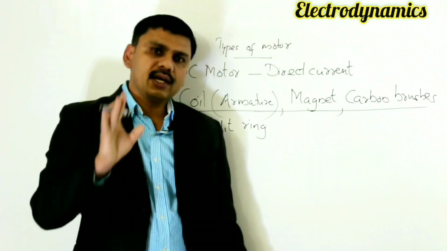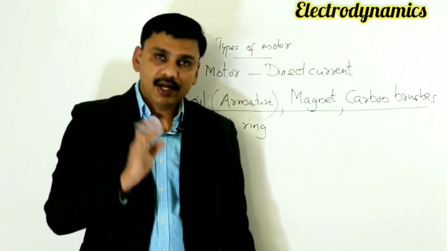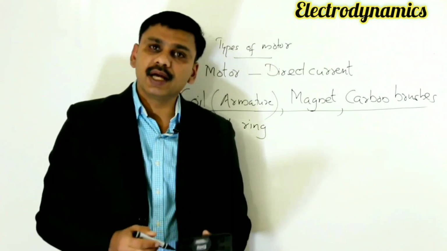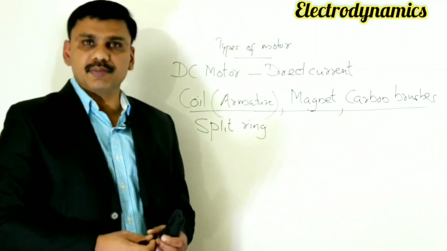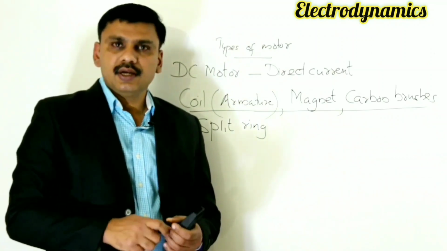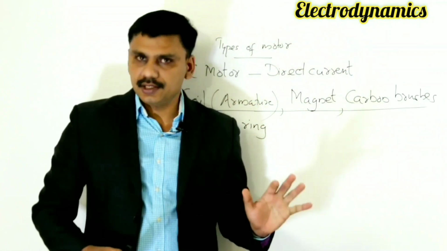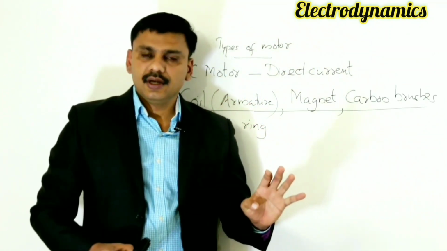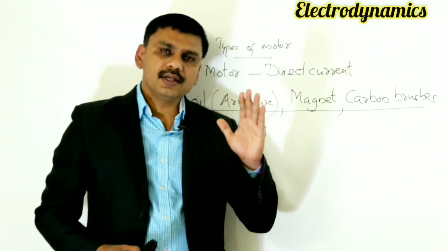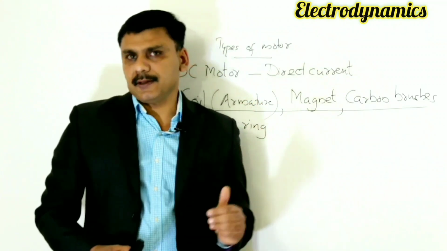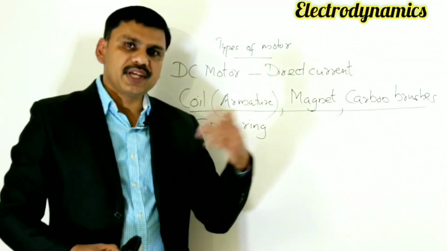That means when a current carrying coil is placed in a magnetic field, it will rotate. That is the principle, the motor effect. In some question papers the principle is asked, and in some they are asking for the explanation.